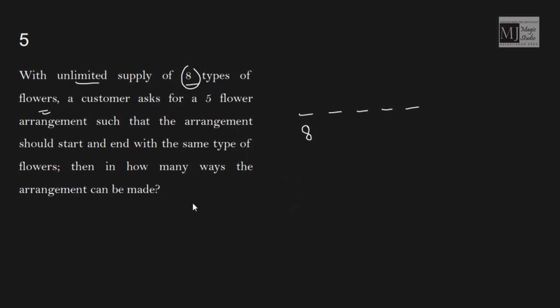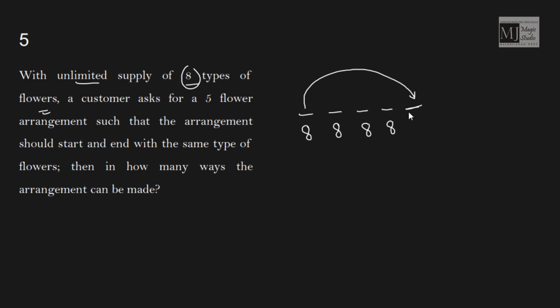Now they have just asked about the different arrangements such that the first flower and the last flower are the same. The second flower may be the same as the first one or may be different. So again 8 flowers can be placed on the second place. 8 flowers can be placed on the third place. 8 flowers can be placed on the fourth place.